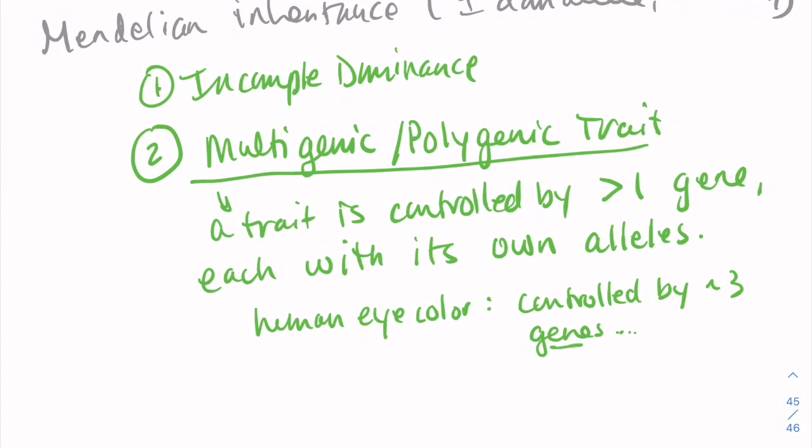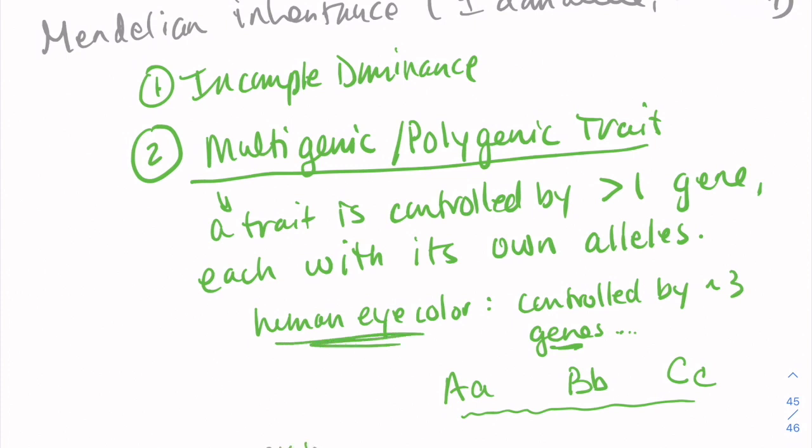So it's controlled by 3 genes, like let's say the A gene and the B gene, and let's say the C gene. I'm just making up this A and B, but there would be 2 alleles, a dominant and a recessive allele at the A gene, a dominant and recessive allele at the B gene, a dominant and recessive at the C, that sort of thing. And the combination of these 3 gives you different eye colors. So it's very interesting. So eye color is an example of that.